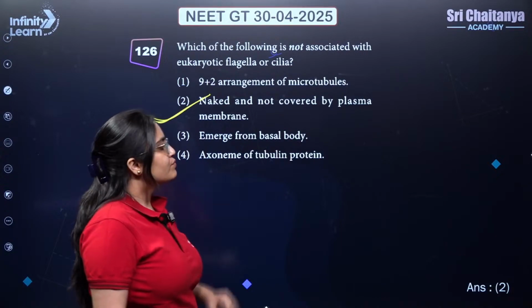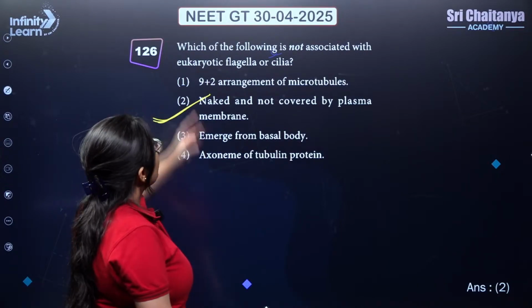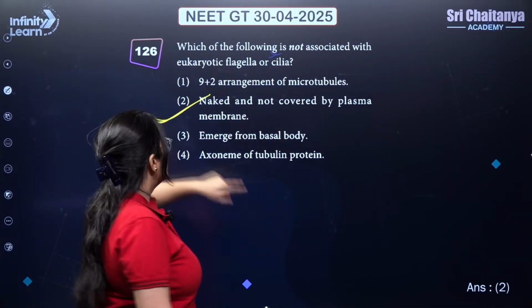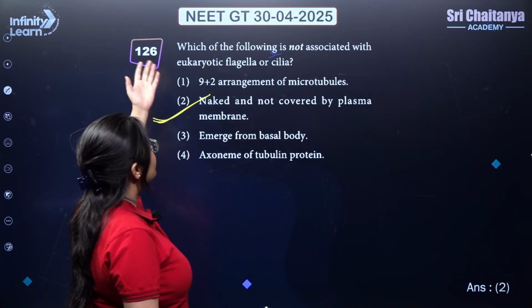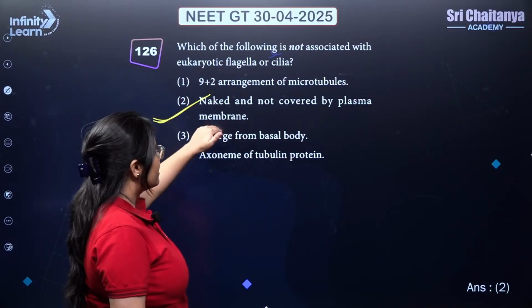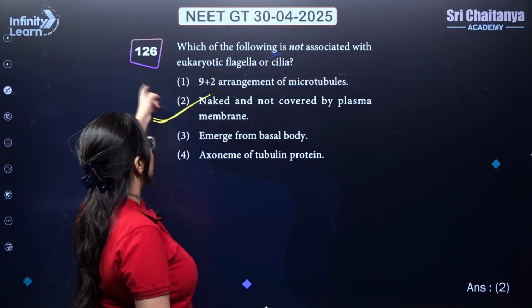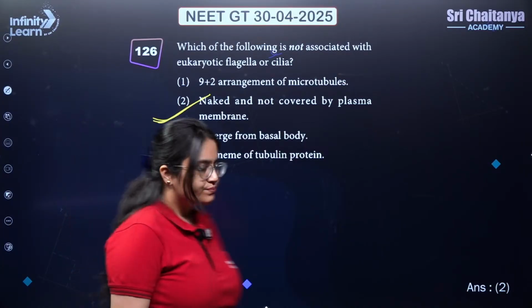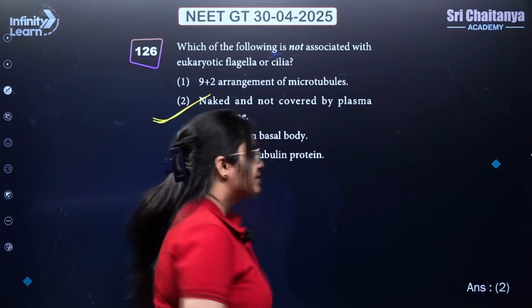Axoneme of tubulin protein, this is also correct. They are asking which is not associated, that means incorrect. So your second statement, which says that cilia and flagella are naked and not covered by plasma membrane, is incorrect, it is not associated, hence it becomes the answer to this question. So answer is 2.